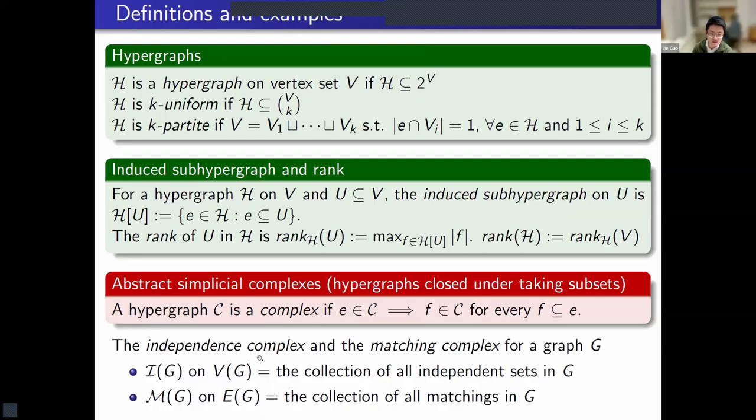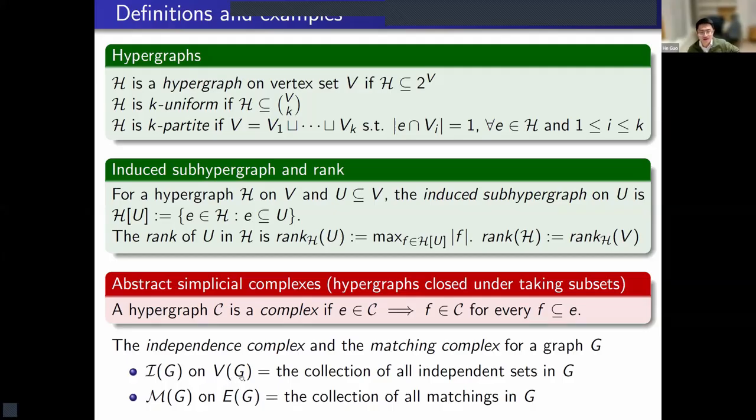One is the independence complex: for a graph G, the independence complex I(G) is the collection of all the independent sets in G, where a vertex set is called independent in G if it does not contain any edge of G. You can check that any subset of an independent set is also independent.